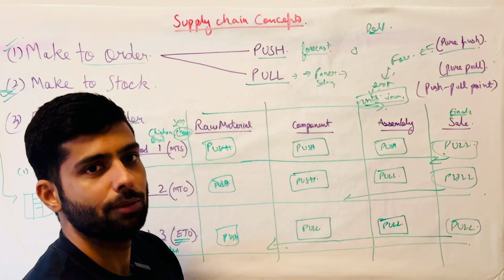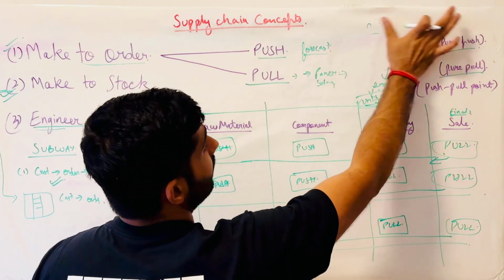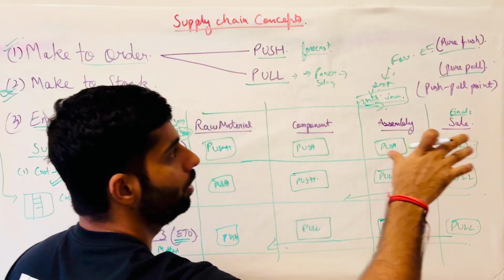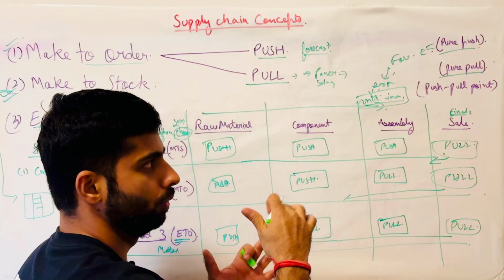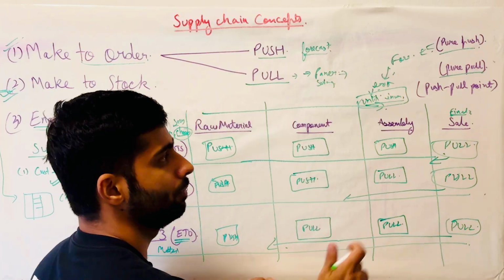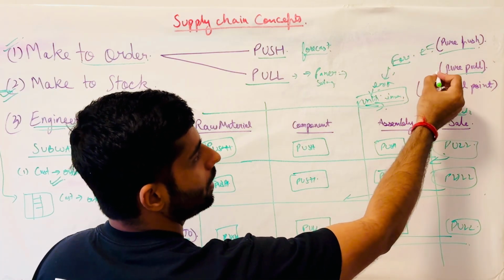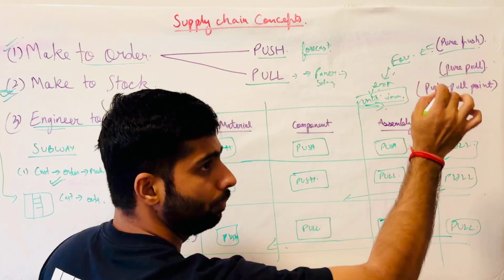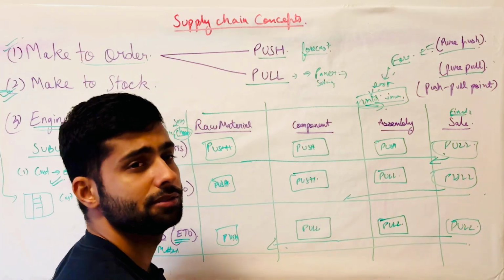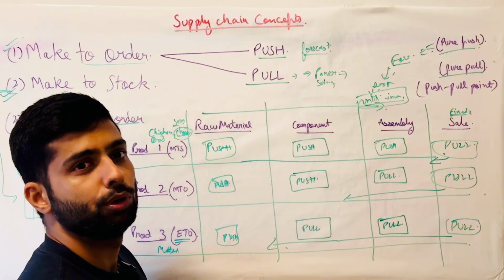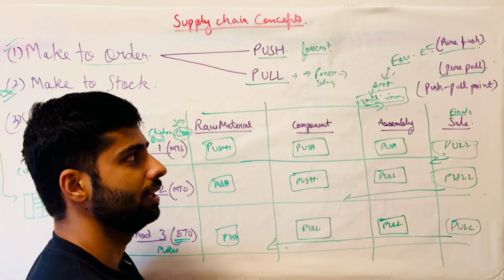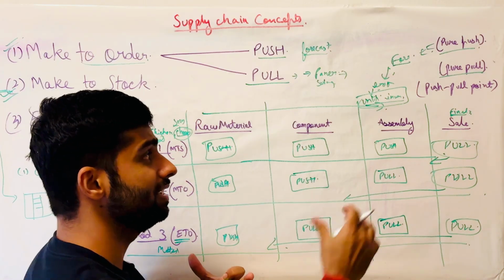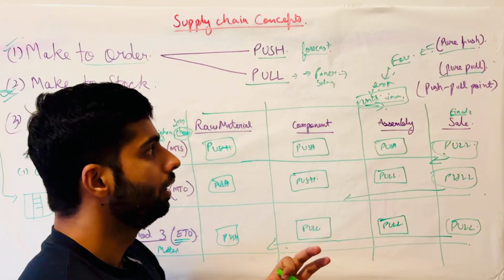They will start the assembly once I place the order. So actually, I can't even think of anything which is pure pull. But you understand the concept: since it's not based on forecasting, it's based on actual demand. The inventory is very low, but the turnaround time, or the lead time as we generally say in the supply chain industry, is going to be very high for pure pull.